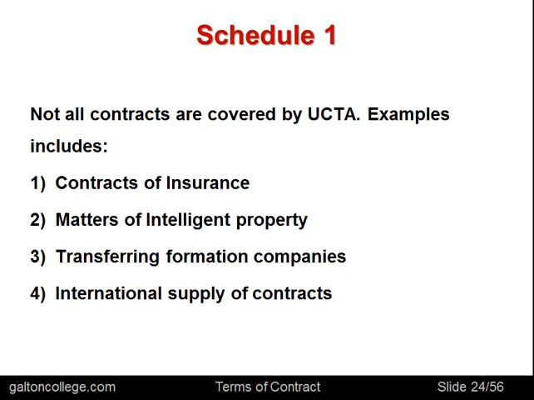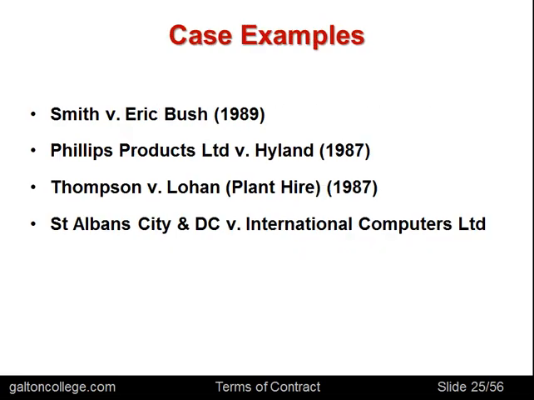International supply contracts, again not covered by the Act. And there are various cases that have been brought forward to try and get redress under the Act, but also cases in contract which shed light on the impact of the Act on the law of contract.